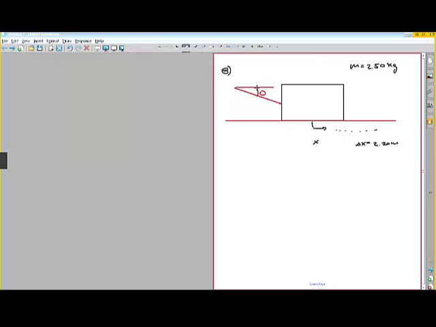This angle theta is equal to 25 degrees, 25.0 degrees. So one way you can look at this is you have this force, and it can be broken up into an x component and a y component.